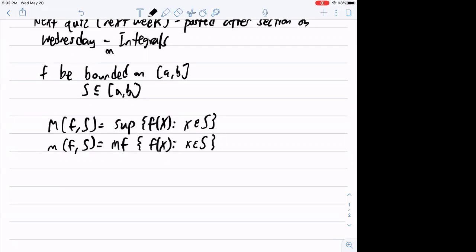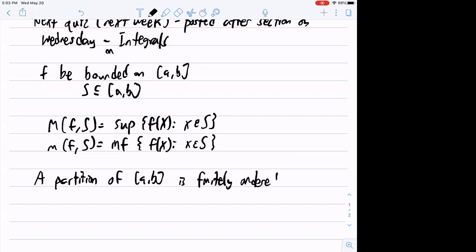If you remember from Math 2A, the integral was a limit of Riemann sums. You did left sum approximation, right sum approximation, and basically you divided up your interval [a,b]. That's pretty much what we'll do. We'll say a partition of [a,b] is a finite ordered subset P, so you cannot have infinitely many points.